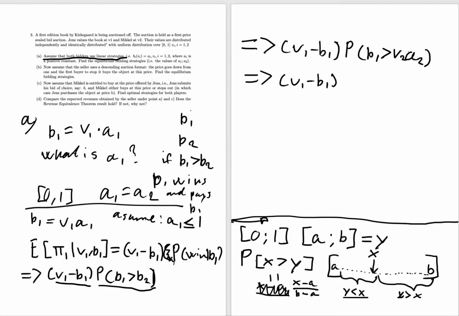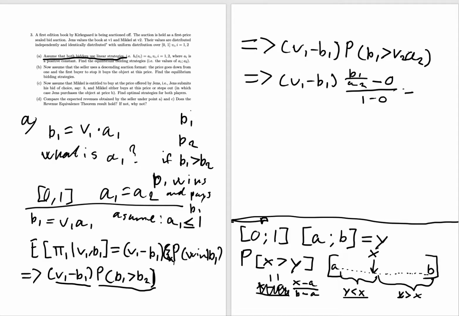So our X in this case is going to be B1 divided by A2. So we have B1 divided by A2. And then we're going to minus it by our A, which in this case is 0. And we're going to divide it by B minus A, 1 minus 0.